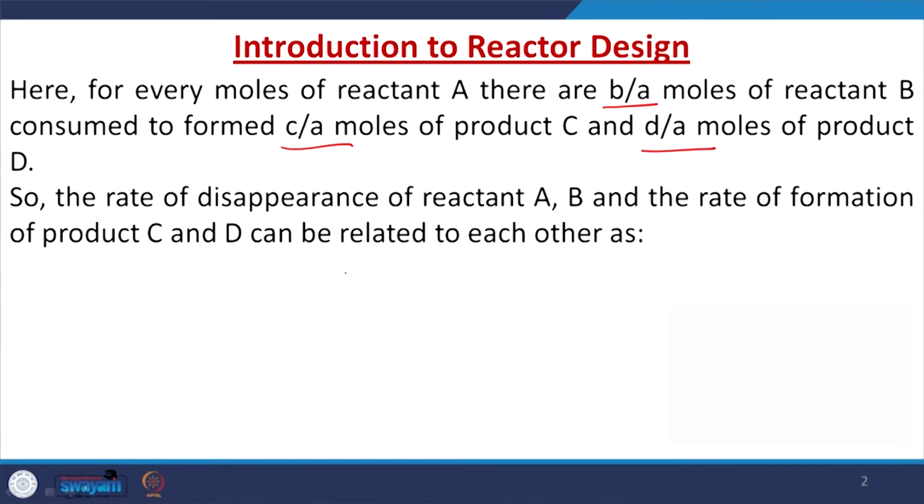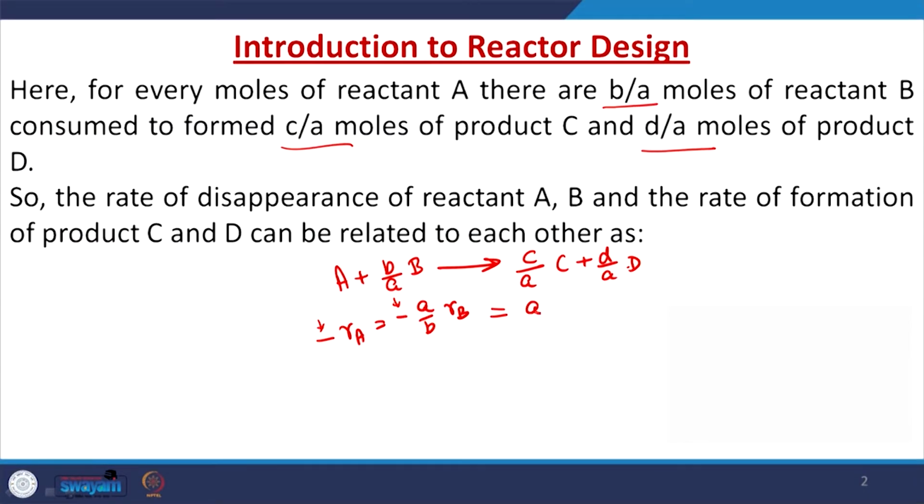So, let us go back to the previous equation: A plus (b/a) B gives (c/a) C plus (d/a) D. Now, the rate of a reaction you can always write as: minus rA upon a equals minus rB upon b equals rC upon c equals rD upon d. Remember, the negative sign we have put just because both A and B are consumed in the reaction mass.